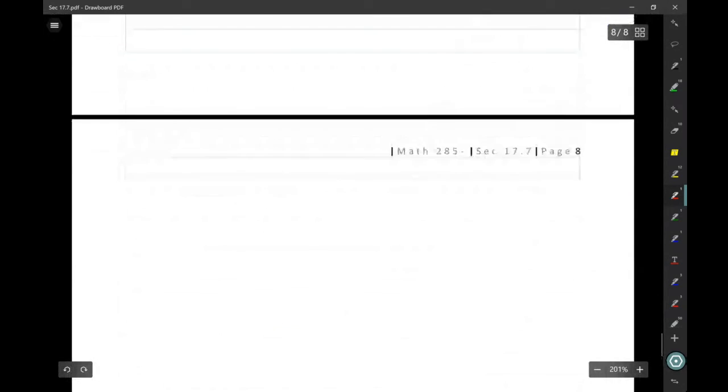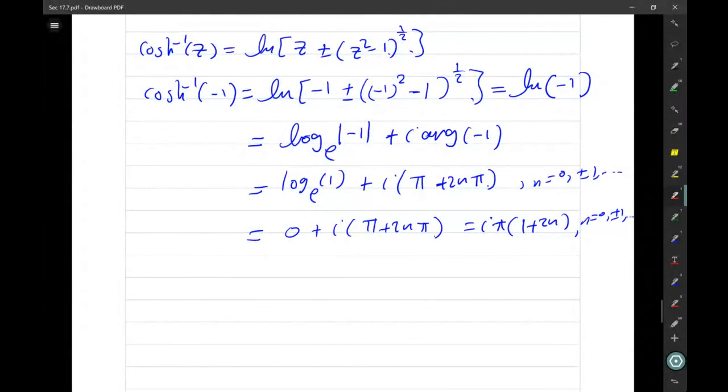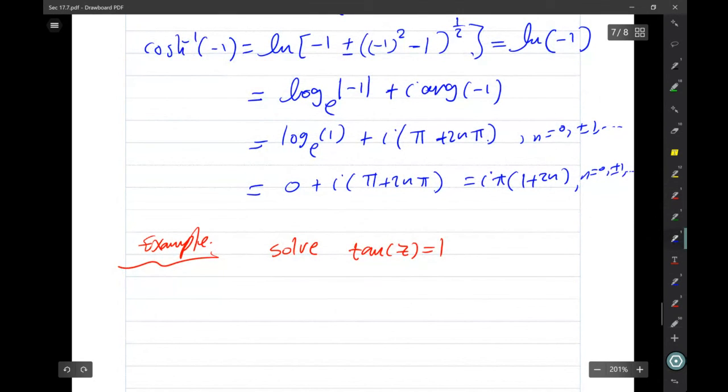Okay, let us do one more example, and that's enough for this chapter. If I say solve tan z is equal to 1, this implies z is equal to tan inverse of 1.